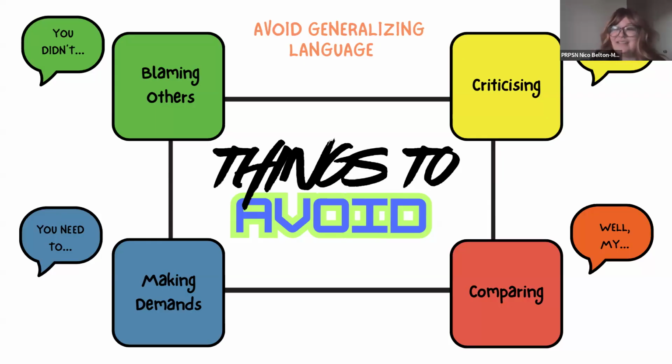Another one would be criticizing, like you should have done this, you should have done that. Making demands is kind of similar: you need to do this, you need to do that. Or making comparisons: oh well, my cousin's man does this and they do that, but you can't do that.